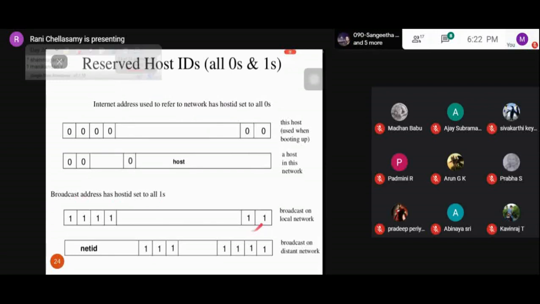This represents a broadcast on the local network. If it is a broadcast on a distant network, it will be shown as ones in the host portion.